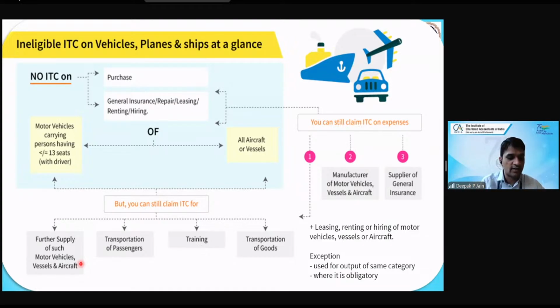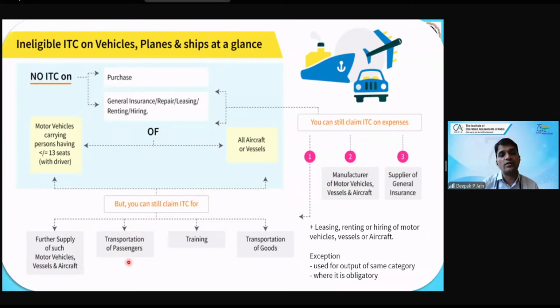So if there is a further supply of such motor vehicles, then you can get the credit. Similarly, for the supply of aircraft, Boeing is a manufacturer, he will get the credit. But Reliance will not get the credit because capitalization of asset is not mentioned in any of these exceptions. So if you are buying and selling, you're into the business of vehicles, aircrafts, or vessels, then you will get the credit, not others.